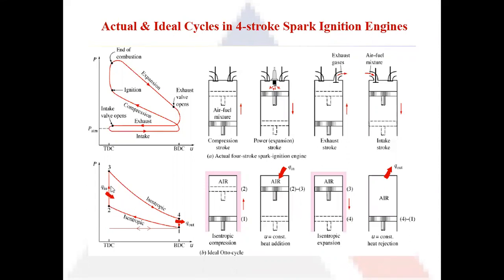Okay, and then again at point 3 there is a sharp corner. So this means the transition from your isochoric process again to the isentropic process is sharp. It happens instantly. Again, the transition at point 4 from the isentropic process to the constant volume heat rejection process, that is 4 to 1, is again a sharp corner.